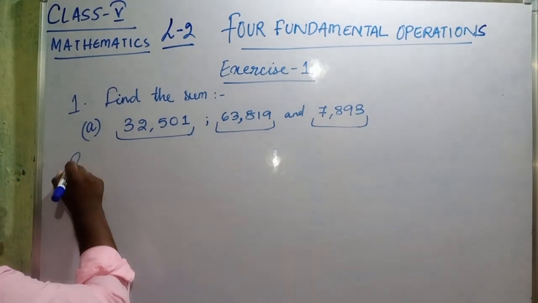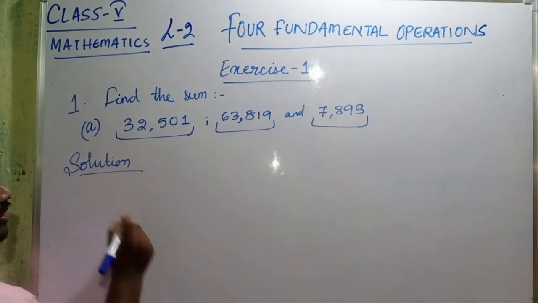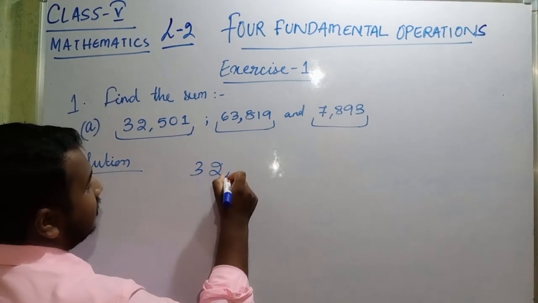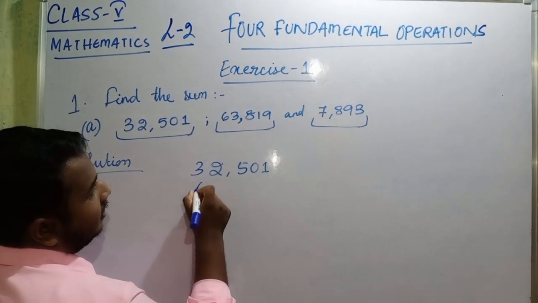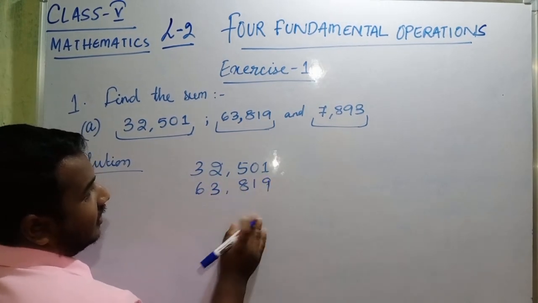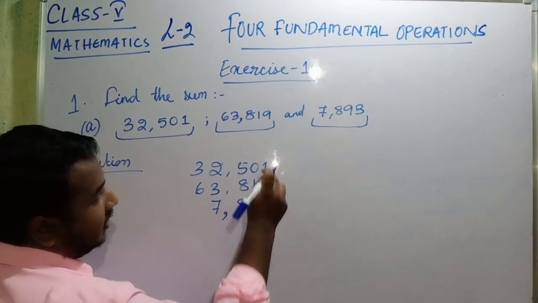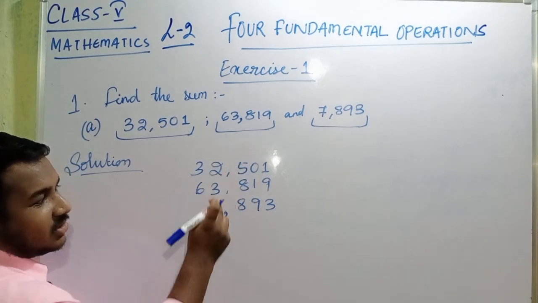So solution or your answer, how you will write? First you will write this one as you wish, 32,501, then 63,819, then 7,893. Your digits should be in appropriate positions.